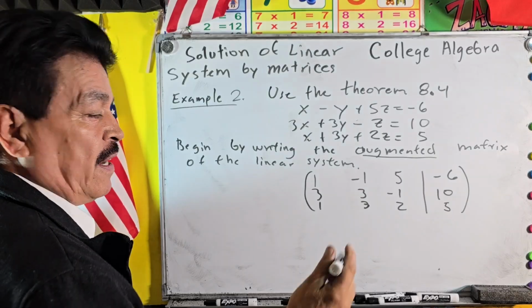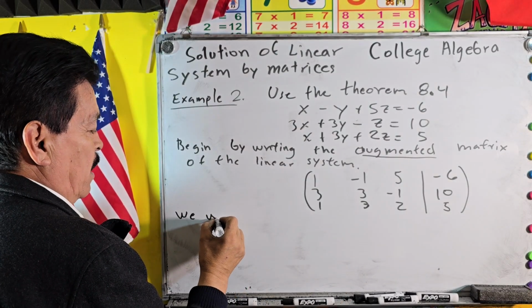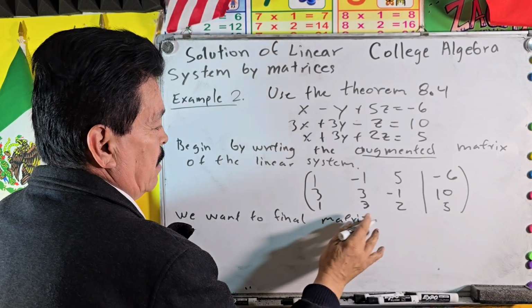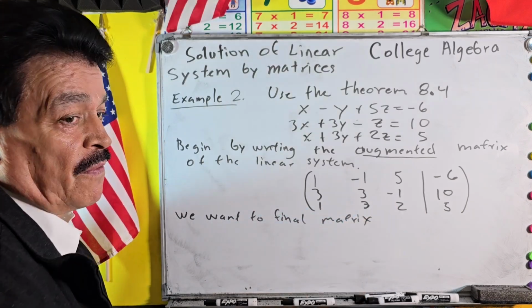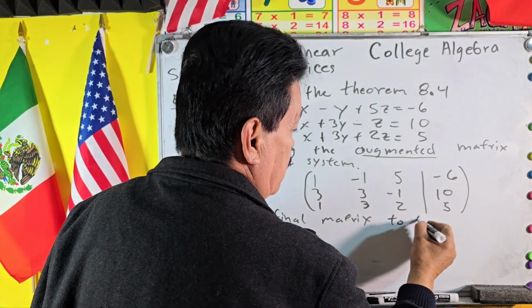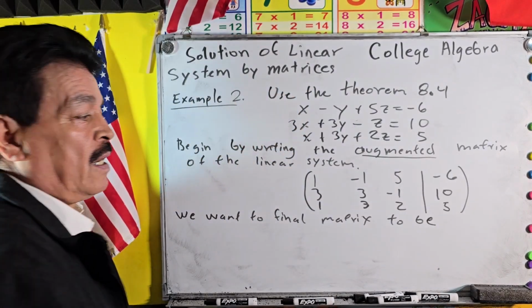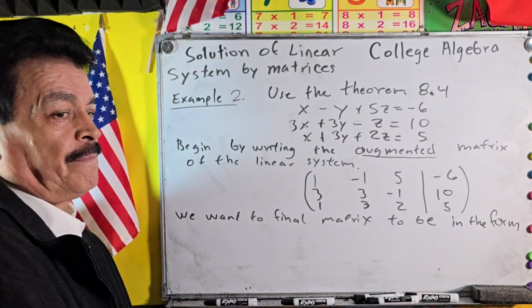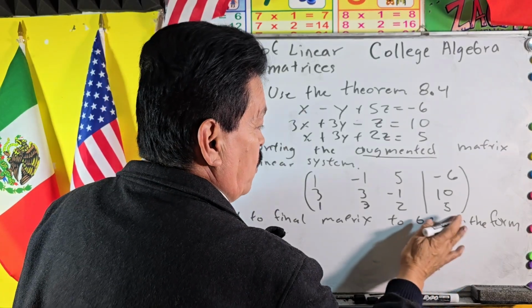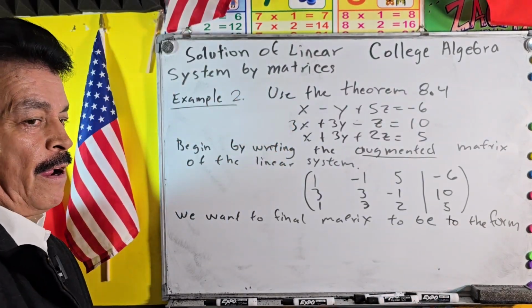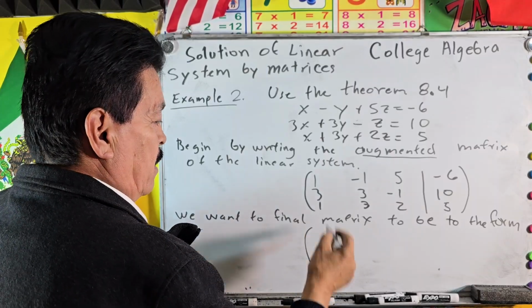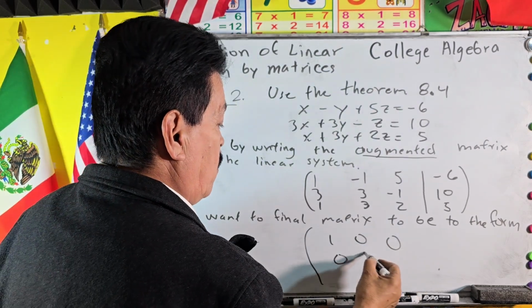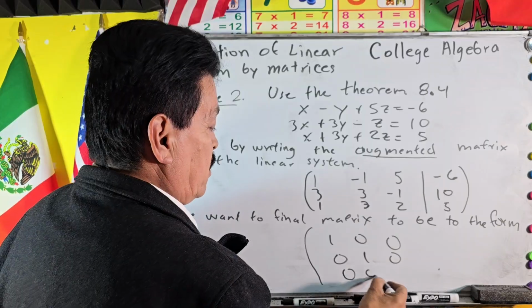We want to find the final matrix. So when you have the final matrix to be in the form, look at this: the final must be in this way, right? 1 0 0, and then 0 1 0, and then 0 0 1.